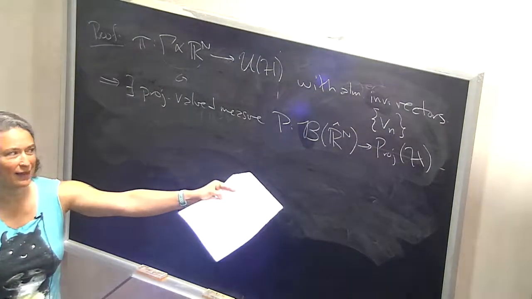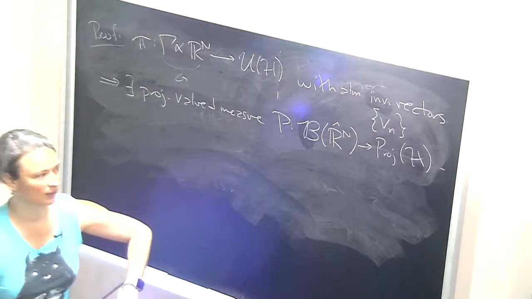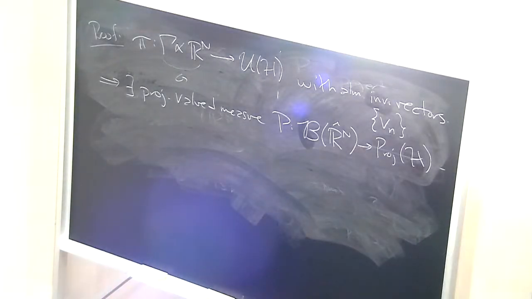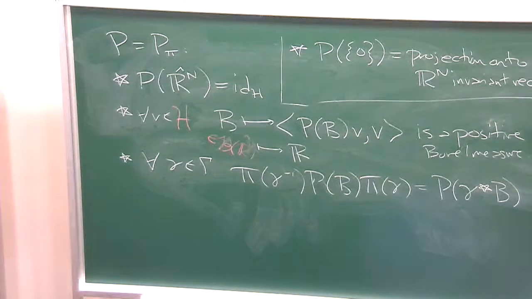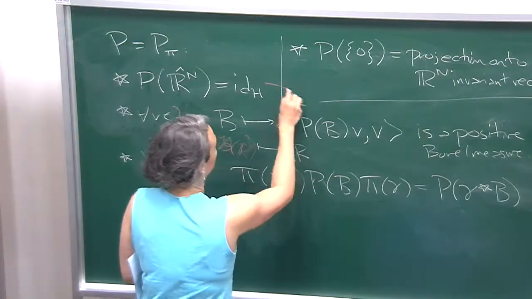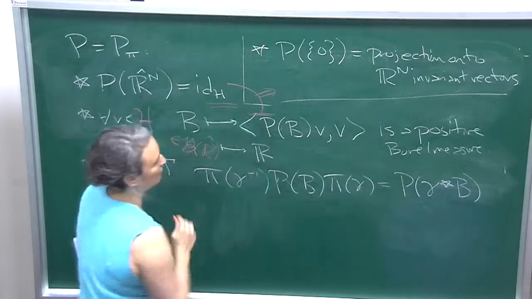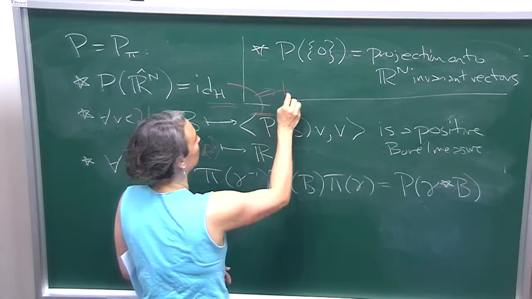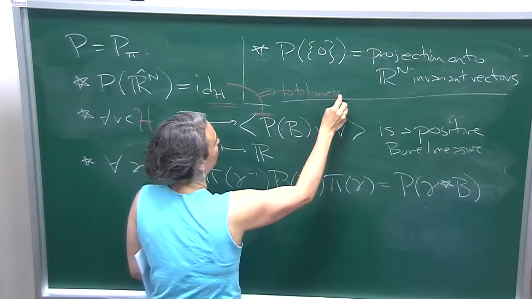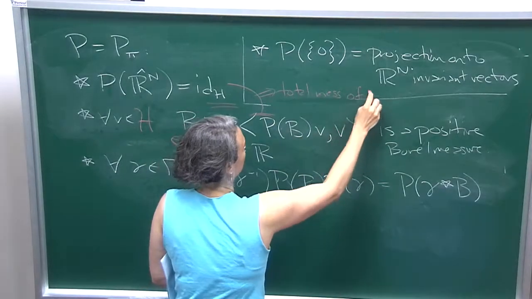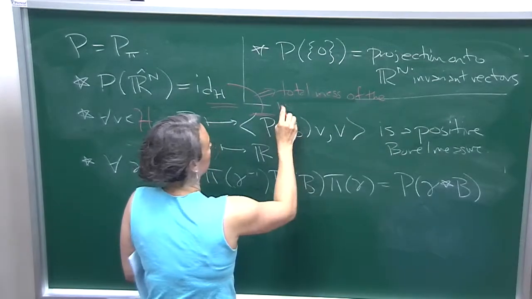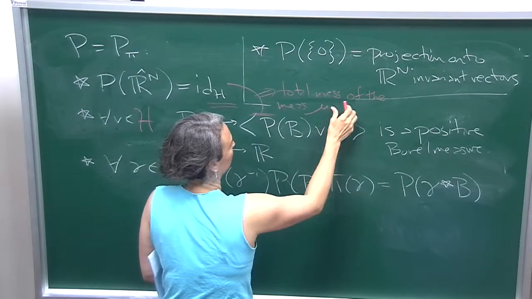So what is the only thing I know I can do with a vector is I can take this inner product and I get a positive Borel measure with another property that I actually forgot to state. Although I guess it follows from what I have here. So if I combine both of these together, this property and this property, it means that the total mass of the measure, let's say mu sub v, right?